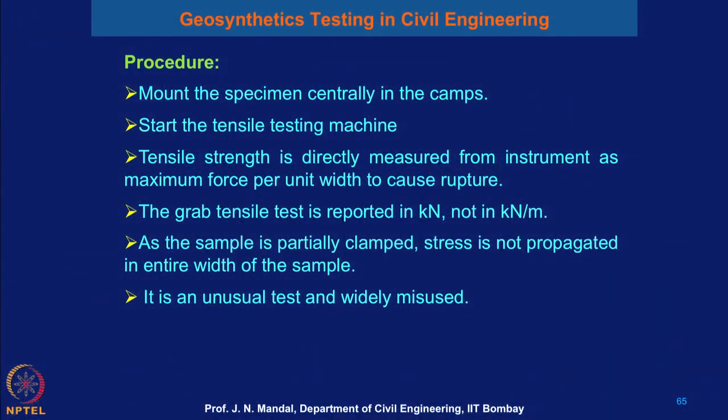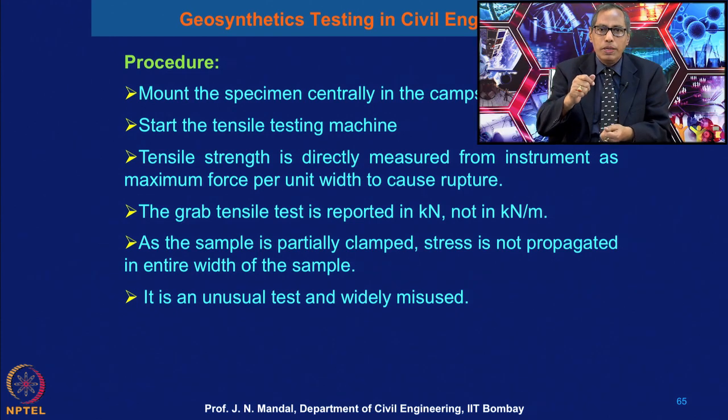The procedure for this grab tensile test is that you have to mount the specimen centrally in the clamp and start the tensile testing machine. The tensile strength is directly measured from the instrument as maximum force per unit width to cause the rupture. So, grab tensile strength is reported as kilonewton, not as kilonewton per meter.